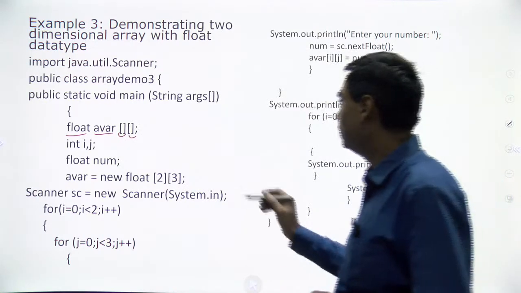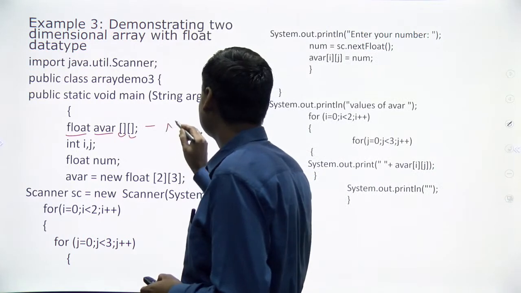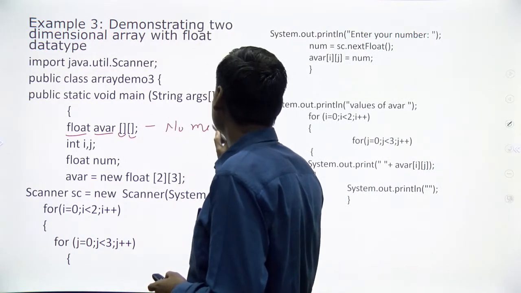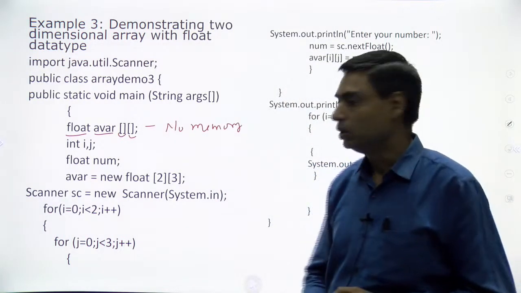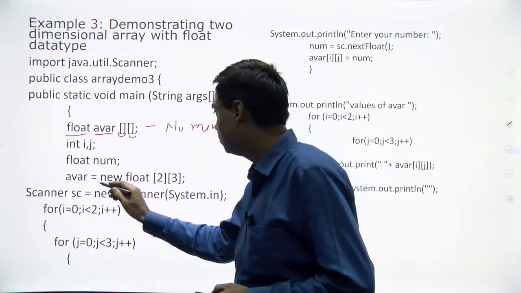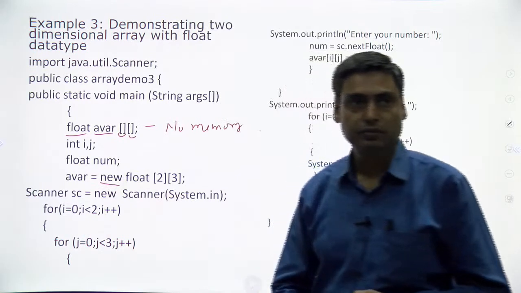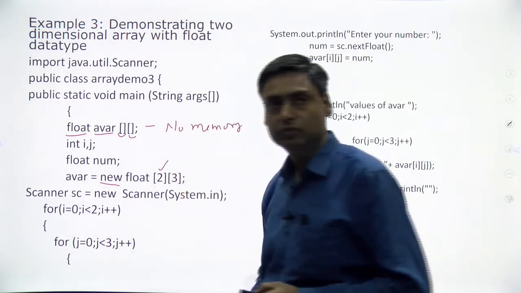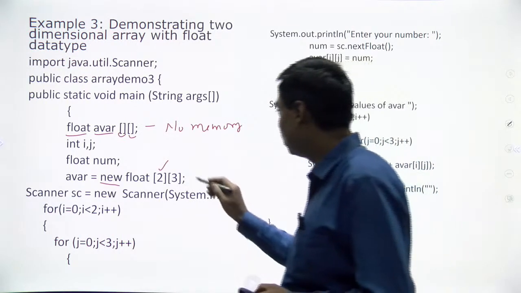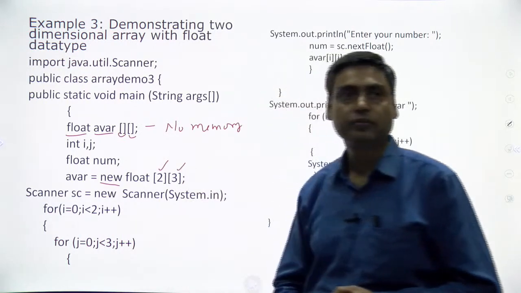Now at this point, there is no memory allocation. The memory is allocated with the help of the new operator. And the number of rows is 2 and the number of columns is 3.